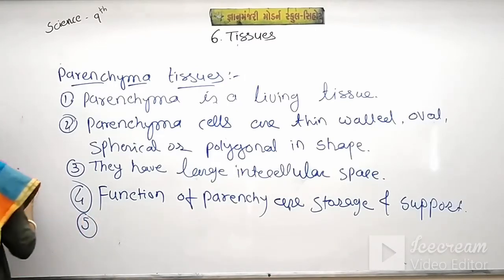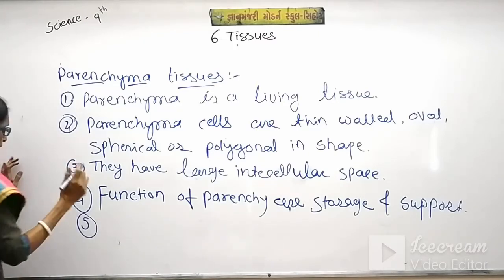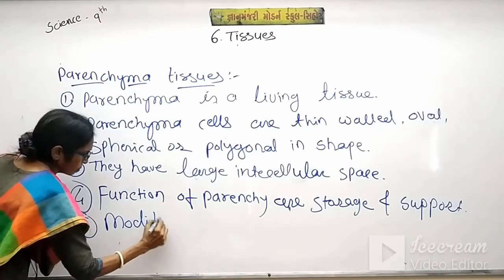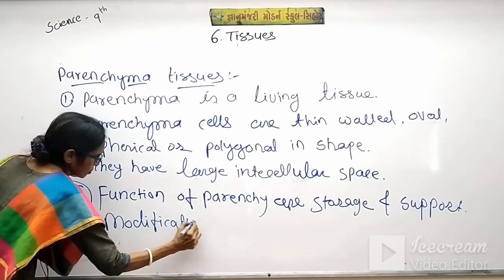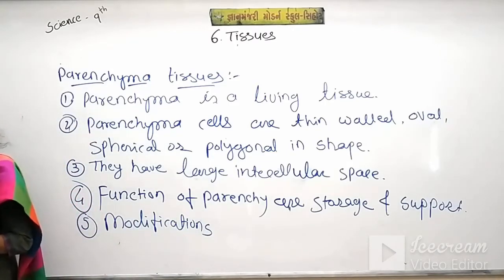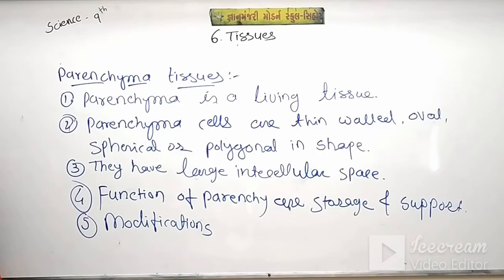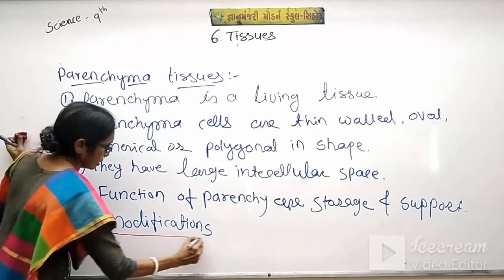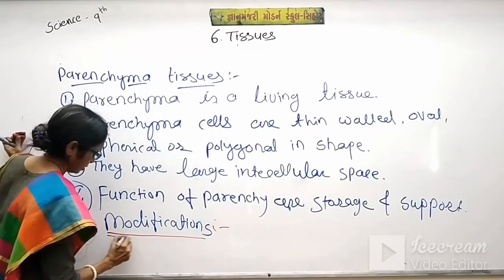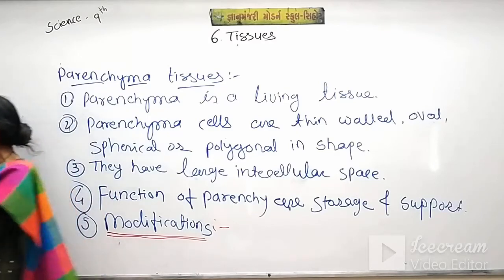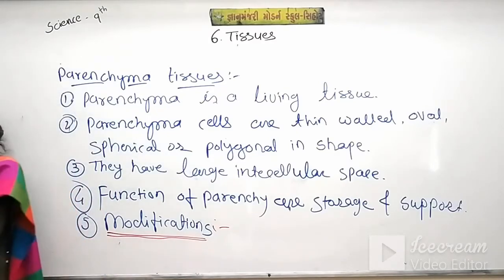Okay. There are 2 types of parenchyma cells, their modifications we can say. As I told you, there are 2 modifications: chlorenchyma and aerenchyma. We have discussed this point, students.